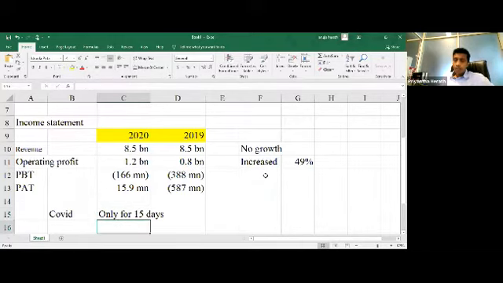We can expect a bigger impact in next year, 2021. The COVID lockdown affected the operation only for 15 days, and the rest of the year had no impact of COVID for 2020. The second one is the Easter Sunday attack.